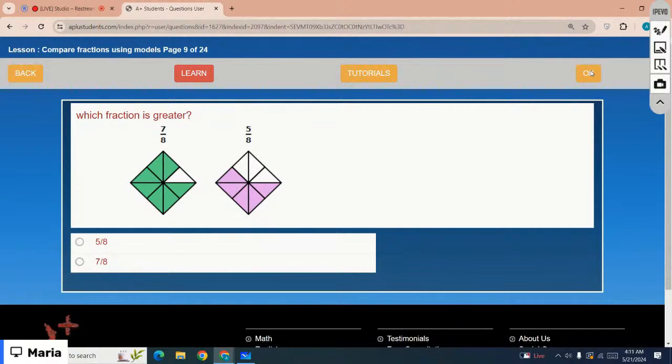Which fraction is greater, 7 by 8, 5 by 8? Yes, very good. 7 over 8 is greater than 5 over 8. The correct option is 7 over 8.